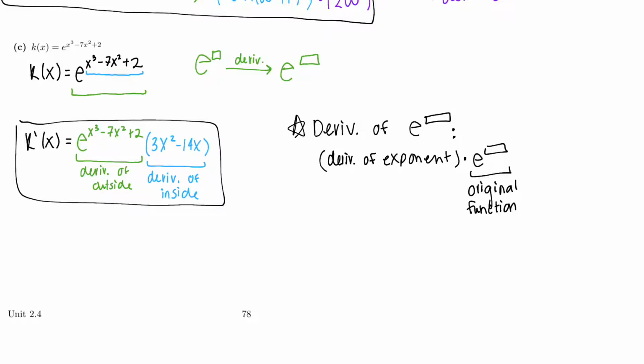So for instance, if I'm taking the derivative of e to the sine x, I would take the derivative of the exponent, which would be cosine x, and then multiply it by the original function, which was e raised to the sine x.